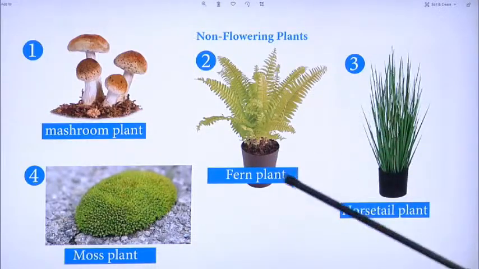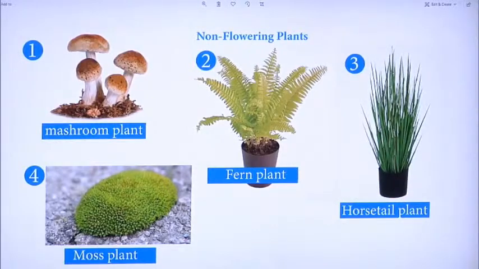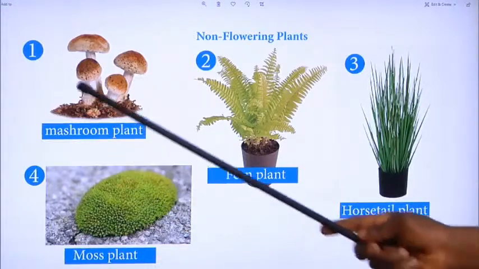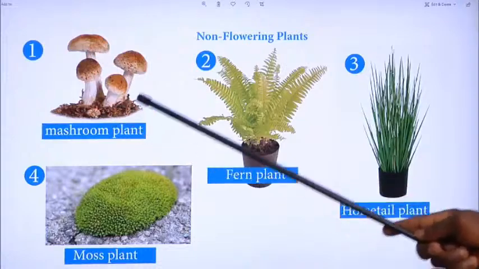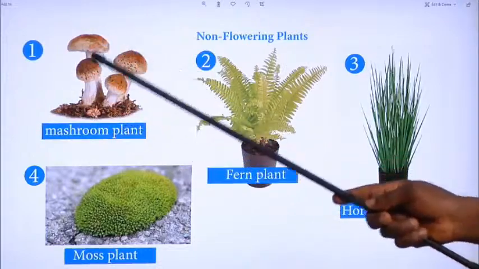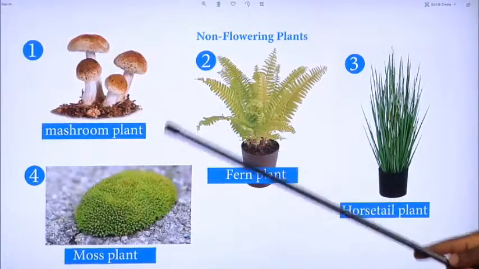All these are examples of non-flowering plants. In flowering plants, we said they bear flowers. But these non-flowering plants, they do not. Let us look at picture 1. I hope you know this plant. This plant is called mushroom plant.